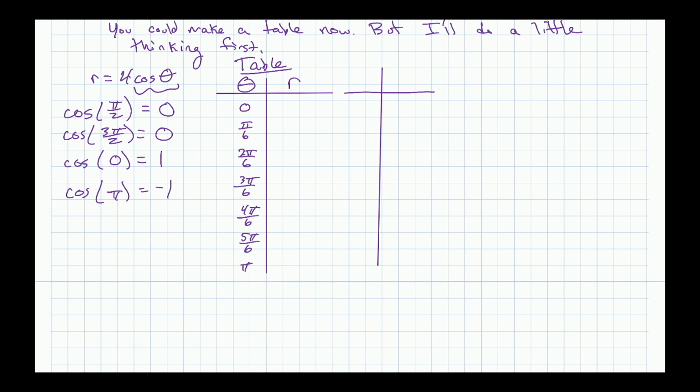I guess we'll just do this because we already started it now: 7 pi over 6, 8 pi over 6, 9 pi over 6, which is 3 pi over 2, 10 pi over 6, 11 pi over 6, 12 pi over 6, which is 2 pi. So that's all the way around the circle.